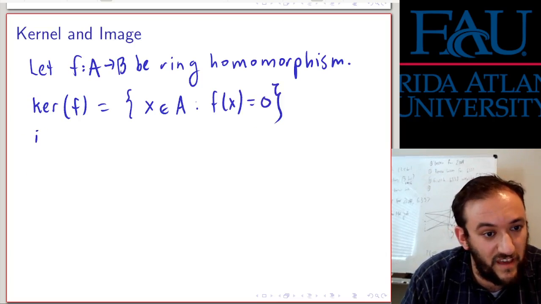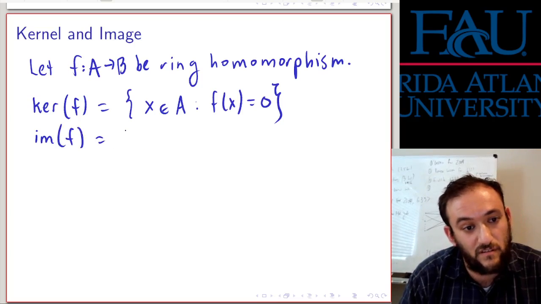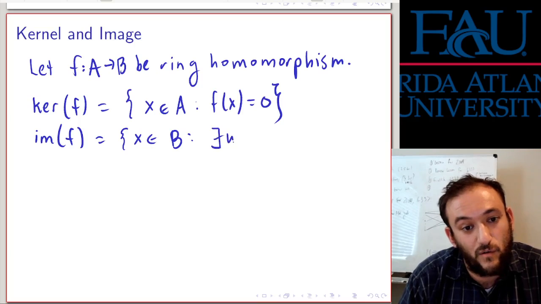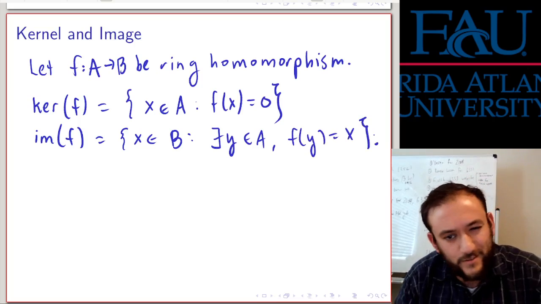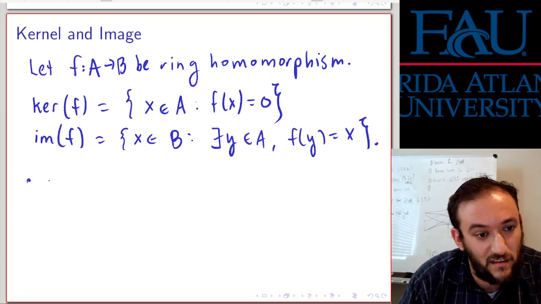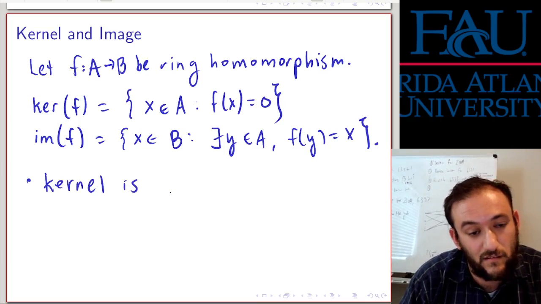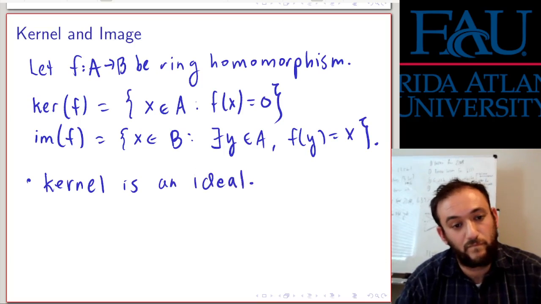And the image of f is equal to the set of x in B such that there exists y in A with f of y equals x. Okay, and these are your standard definitions for kernel and image. But what we do want to point out is that the kernel is an ideal. Okay.